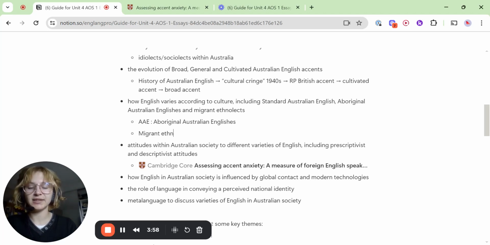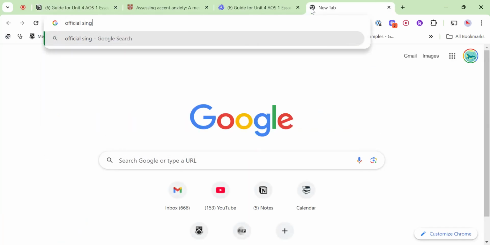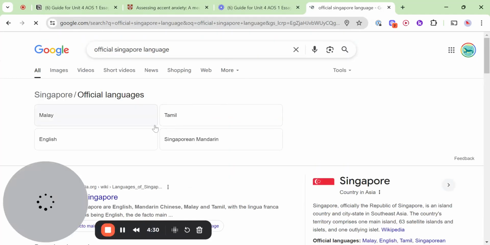Migrant ethnolects, same thing. So things like, they call it Singlish, for example, which is Singaporean English. This is not the same as an Australian ethnolect in particular. So be careful. It's worth looking up things like Singlish because that's Singaporean English, but English is one of the, actually, I'll just make sure. Official Singapore languages: Malay, Tamil, English, Singaporean Mandarin.